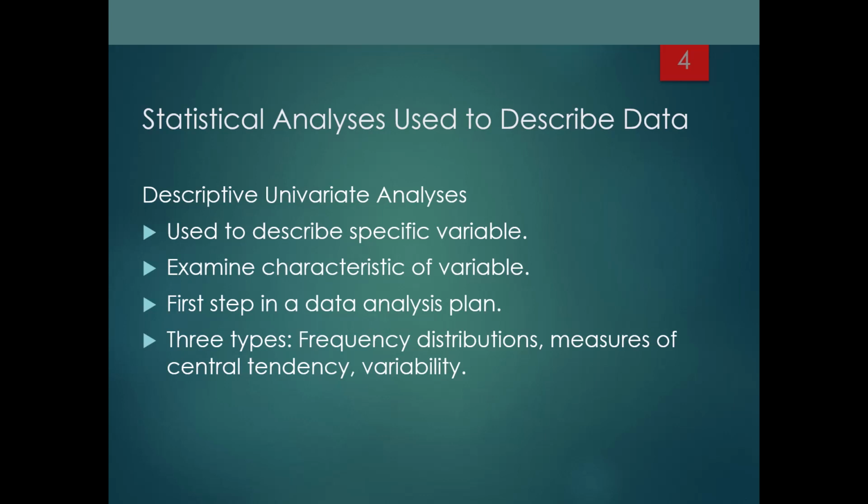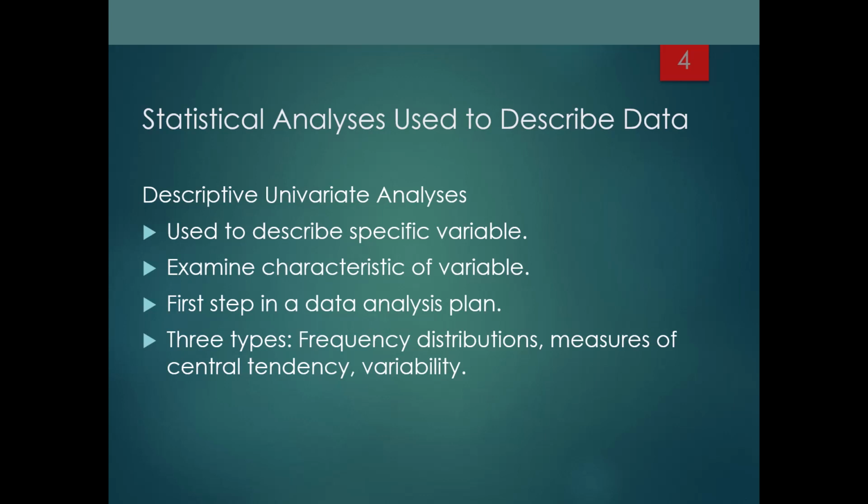Okay, so statistical analysis used to describe data is your descriptive statistics. We're covering this because you're writing up a data analysis section for your final paper. That's just going to be a short paragraph telling us what you're going to do, how you're going to analyze your data. You're definitely using descriptive statistics because you always describe your sample. Descriptive univariate analysis is used to describe or summarize data that is related to a specific variable of interest.